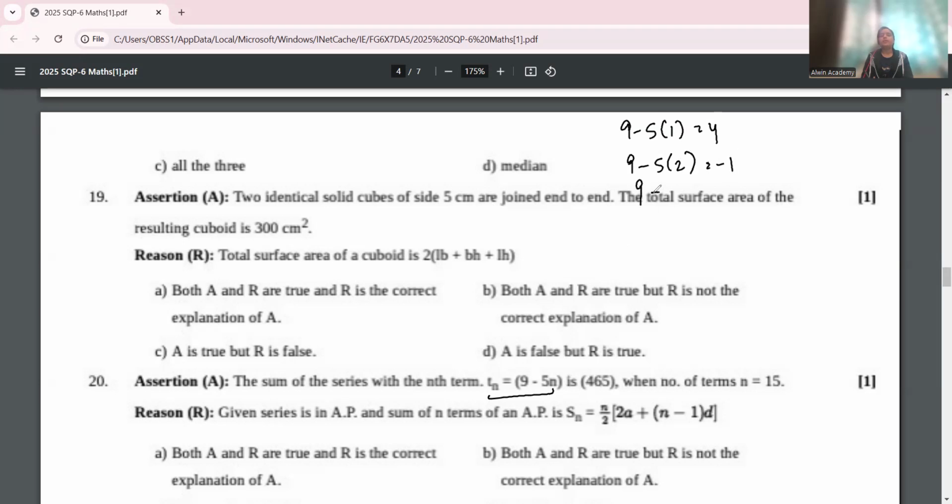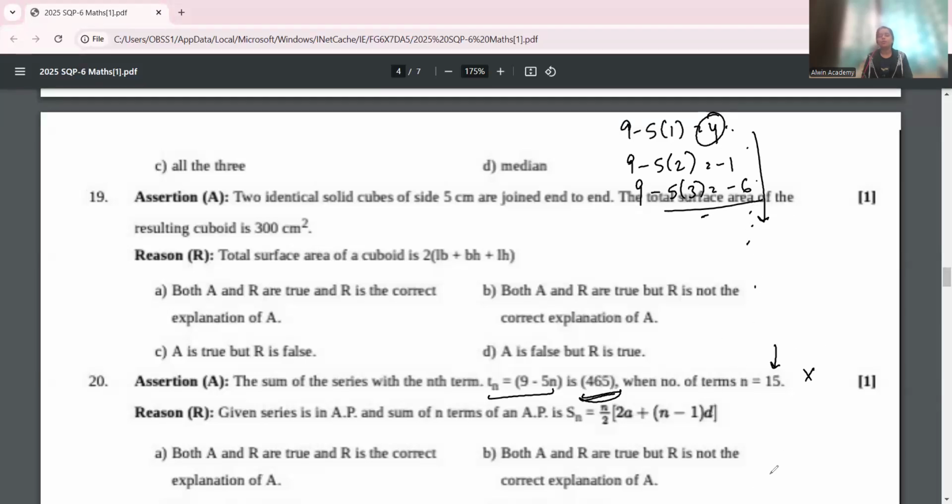If I put in the value of 3, 9 minus 5 times 3, that is minus 6. We can see that this AP is again going in the negative direction. If I add, say, 15 terms, how can I possibly get a positive number as the answer? The only positive number of this AP is 4, and immediately after the third term the sum turns negative and it will keep on going negative.